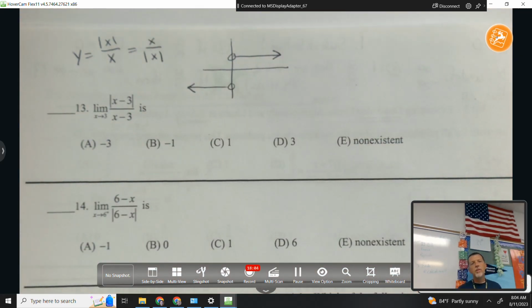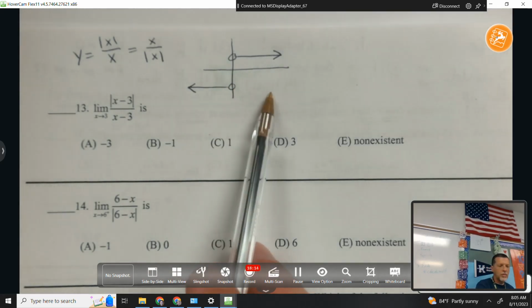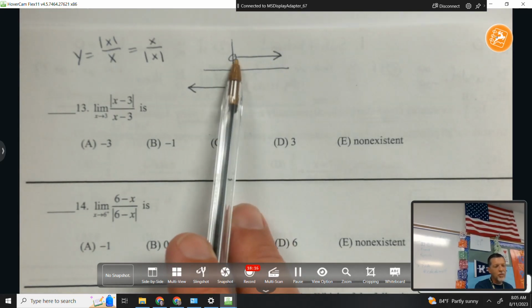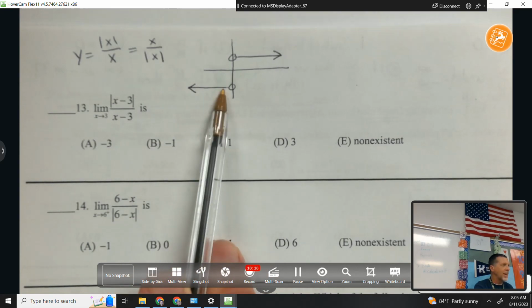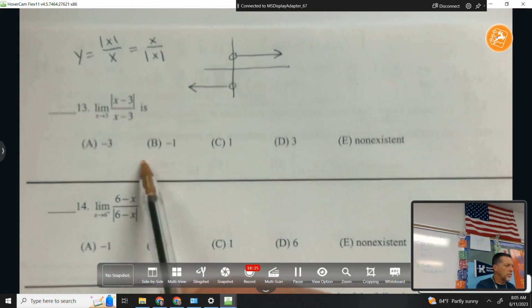And so it's a simple graph, but a graph you need to know, because AP likes to ask limit questions about this graph. Because if you come from the right, the answer is positive 1. If you come from the left, it's negative 1. Overall, it's non-existent.